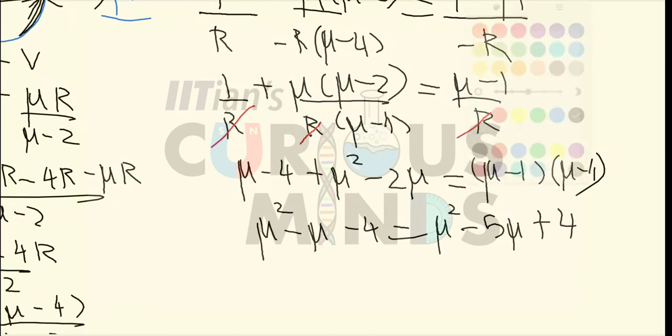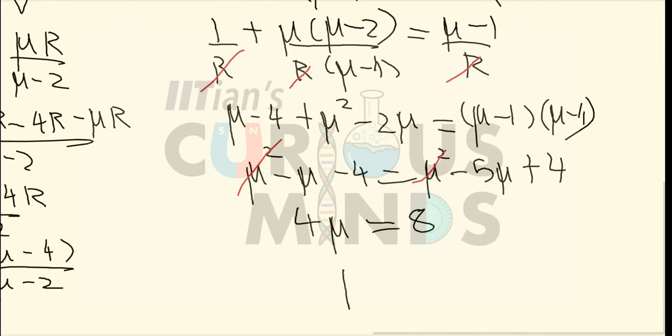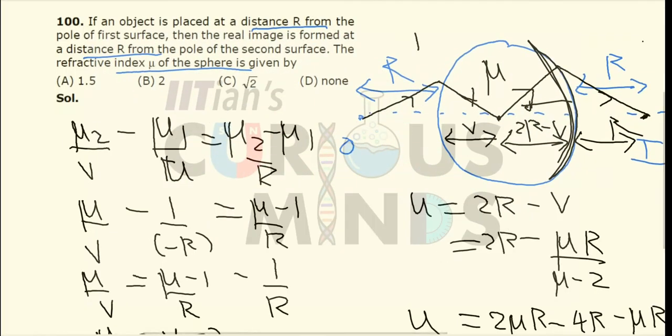So mu square and mu square will get cancelled out. Minus 5 mu, when I shift it on the left hand side, minus mu plus 5 mu is equal to plus 4 mu. It will be equal to 4 plus 4, which is equal to 8. So the refractive index will come out to be 2. So the refractive index of the sphere comes out to be 2, which is option number B.